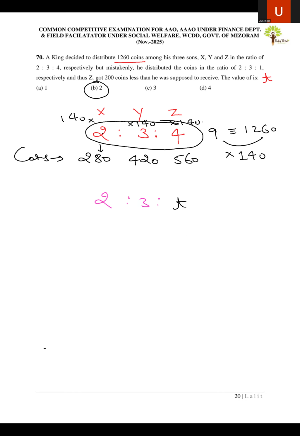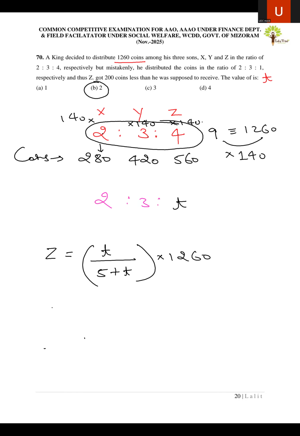So this will be, Z is getting 200 coins less, that is T divided by 5 plus T multiply by 1260, all right, minus 560 is equal to, so this is what Z is getting.